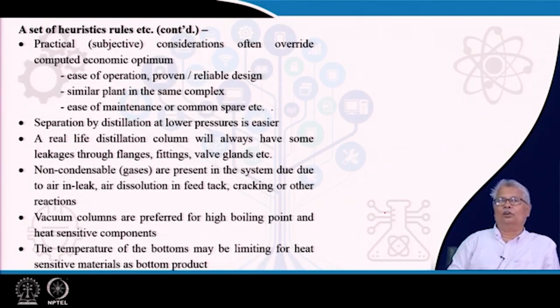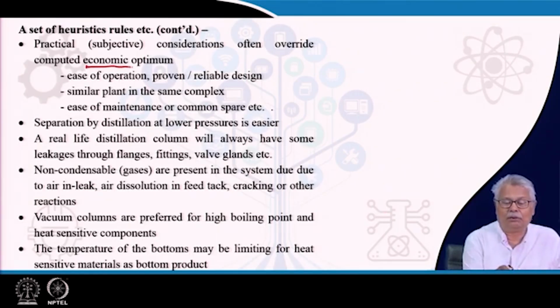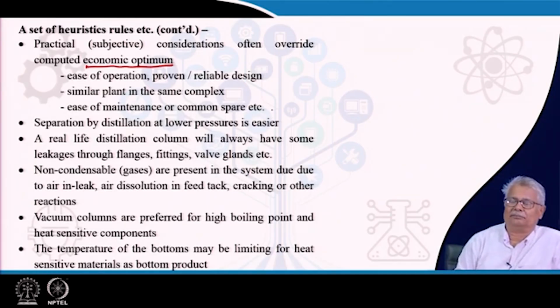The designer, often you will find, will not opt for the most economic option. He has other considerations which may even override the economic optimum. The best economic option is not opted for in certain cases.